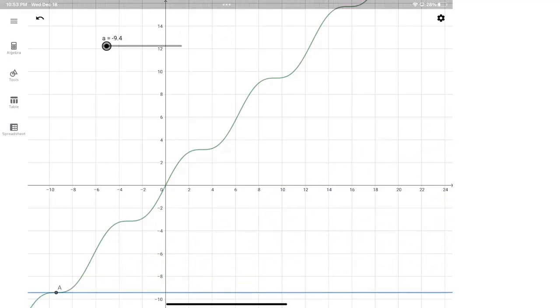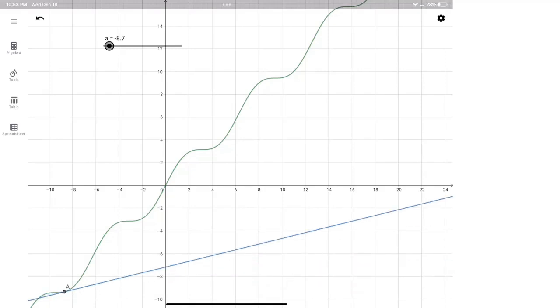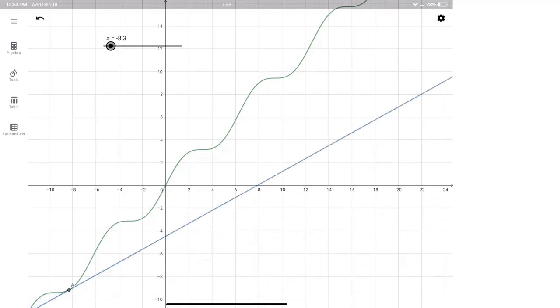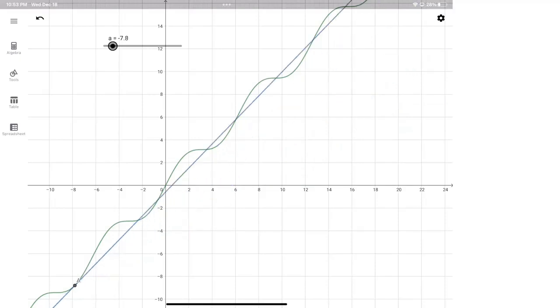slope is 0. And as I move the point to the right, slope is increasing. Okay, so right about here, slope is 1, and then slope keeps getting higher. Right about here, slope seems to be 2.